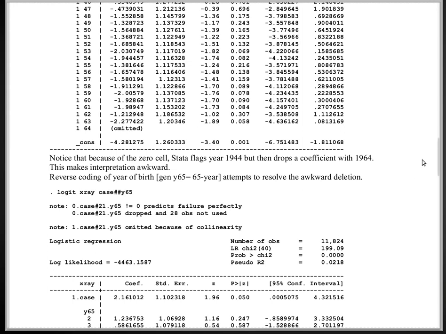If you do so, then 1944 becomes the last year input into that list, and it becomes the one that's deleted, which makes more sense here for the process. Again, this is a somewhat annoying technical issue, but it does aid us insofar as we will then be able to interpret these coefficients. Okay.